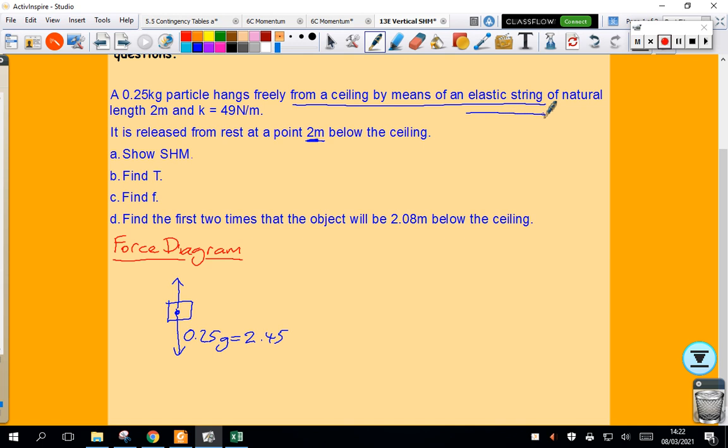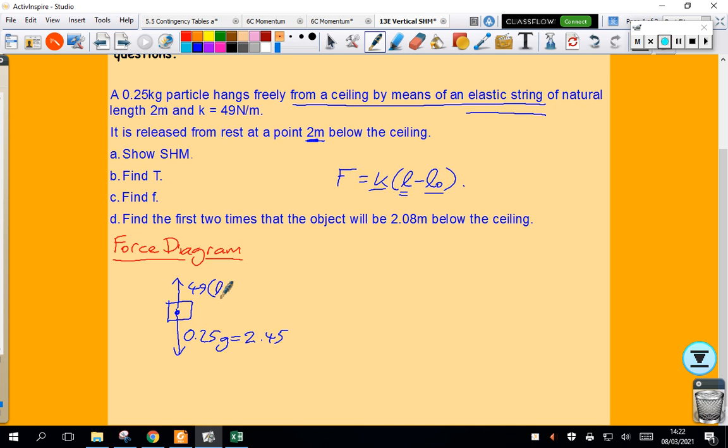Now we're going to use Hooke's law. We know that the force by an elastic string is of magnitude, the force is equal to K times L minus L naught. Now we're trying to find the equilibrium position here, so we don't really know what the extended length is, but we do know K and L naught. So K is 49.